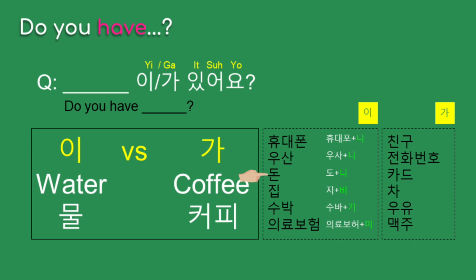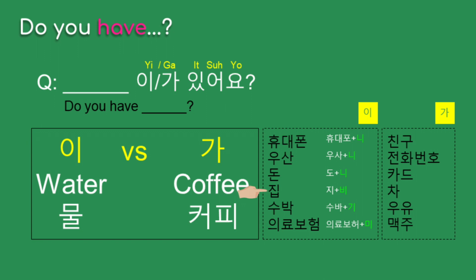Next one is 돈. 돈 is money. 돈이 있어요? Instead of pronouncing it 돈이 있어요, you can say 도니 있어요. 집 is a house. 집이 있어요?